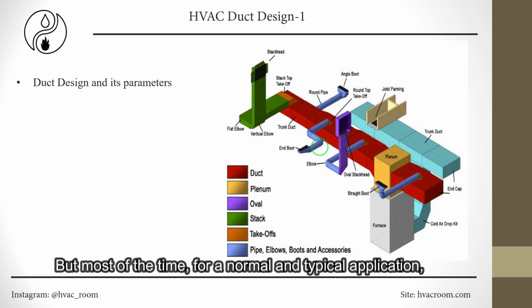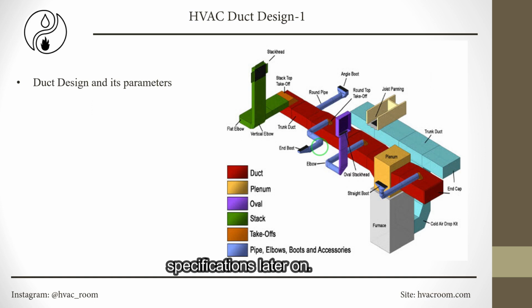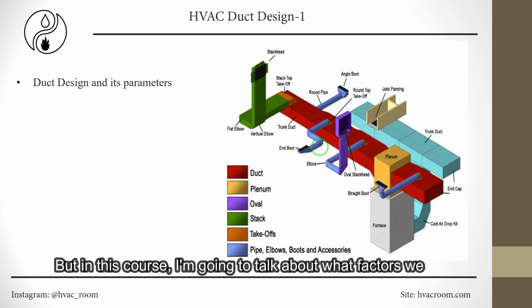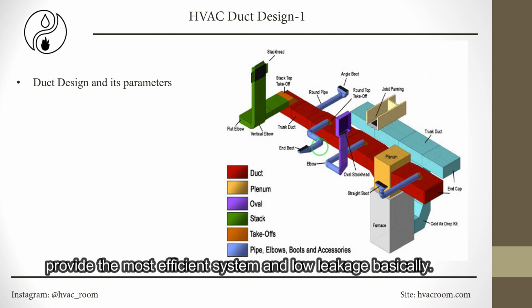But most of the time, for a normal and typical application, we use galvanized steel. And we're going to talk about the specifications later on. But in this course, I'm going to talk about what factors we should consider when we want to install that is going to provide the most efficient system and low leakage, basically.